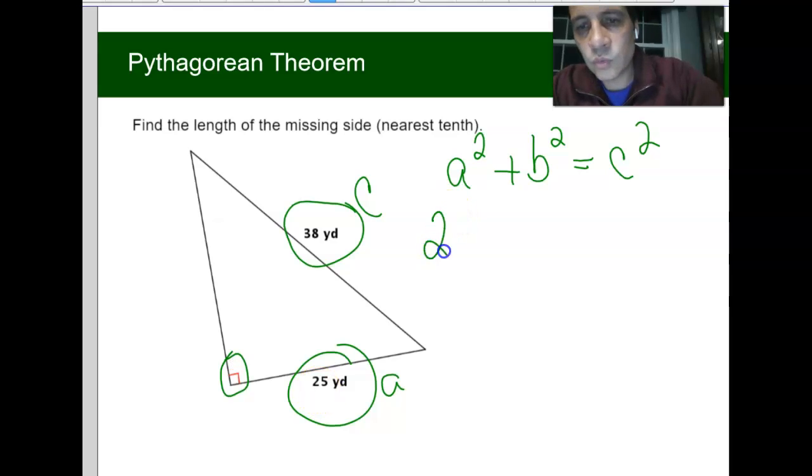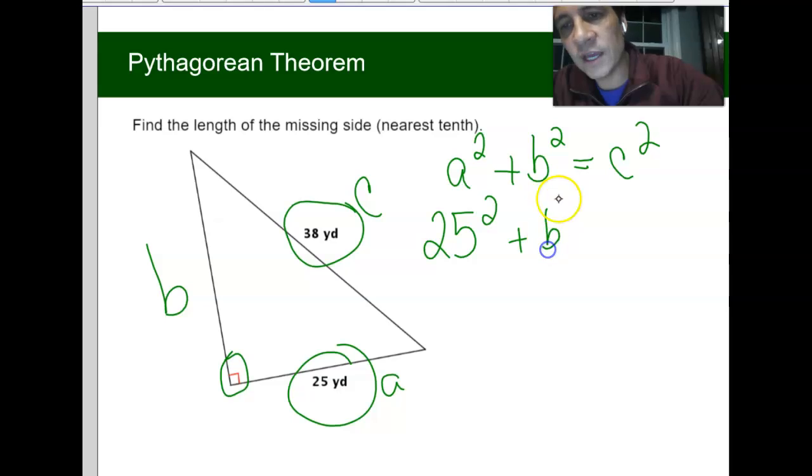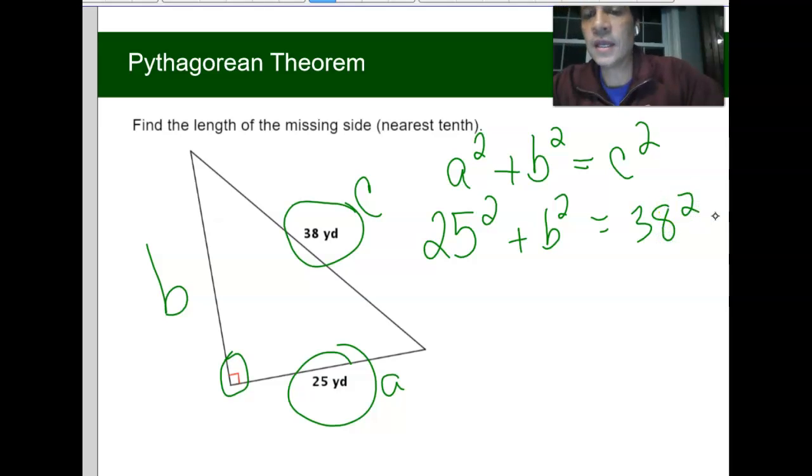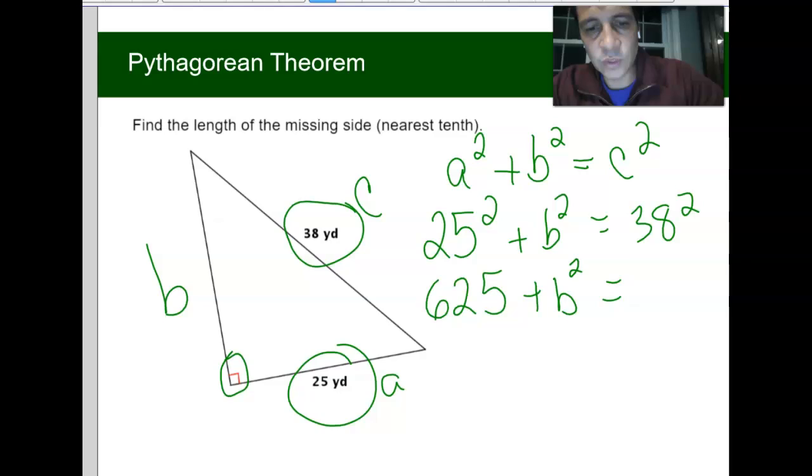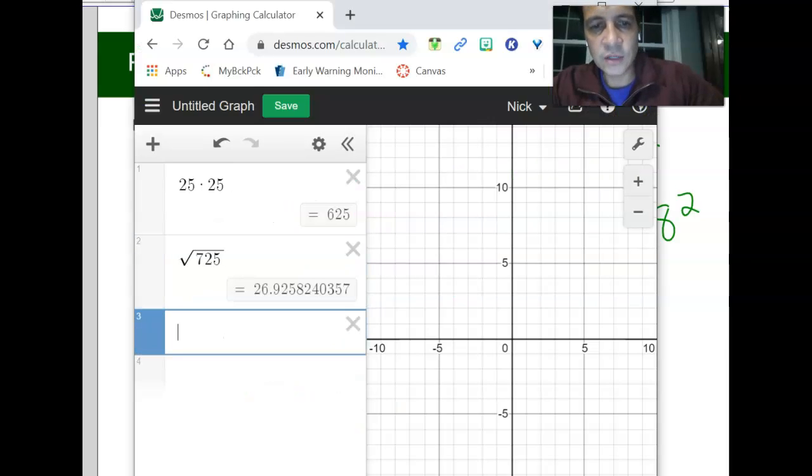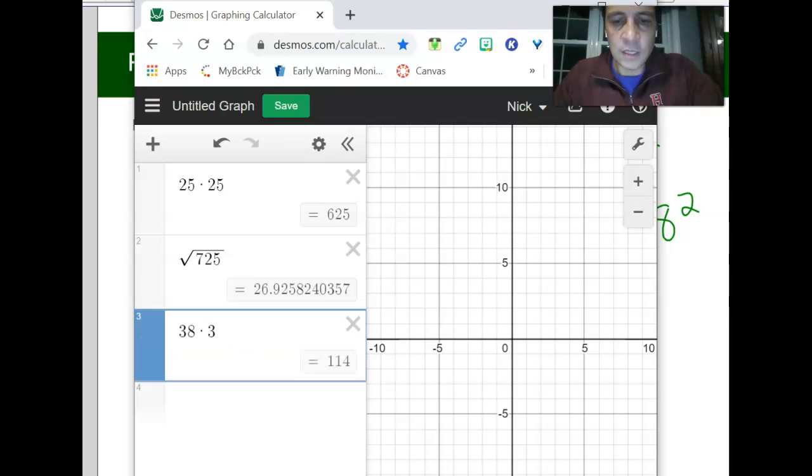A squared, 25 squared, plus B squared. I don't know what B is, so I'm going to leave that here as my variable, equals 38 squared. Now I know from the previous problem, 25 squared is 625 plus B squared. I have no idea what 38 squared is, so I'm going to use my calculator and do 38 times 38.